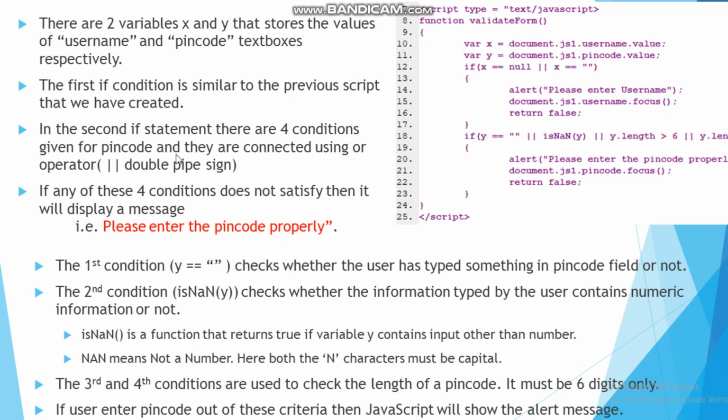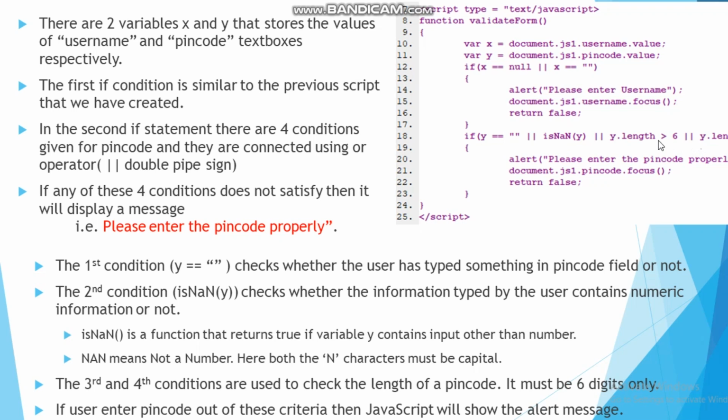In the second if statement there are 4 conditions given for pincode, and they are connected using the OR operator, that is the double pipe sign. So we will see this statement: if y double equal to double inverted comma, or isNaN(y), or y.length greater than 6, or y.length less than 6.